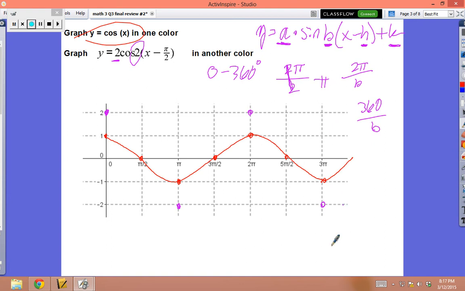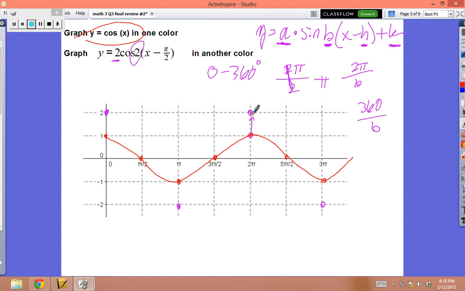So what that means is now I'm going to start at 0, but I'm going to end at pi. Instead of ending at 360, I'm going to end at pi. So what that does is it's going to compress this graph horizontally. It's going to kind of squish it like an accordion. So this is my ending dot right here, which got moved up because I've got a higher amplitude.